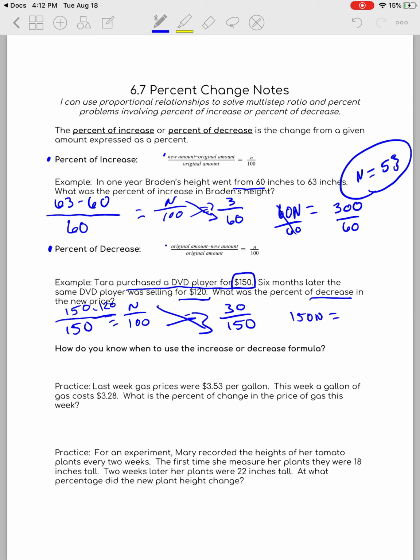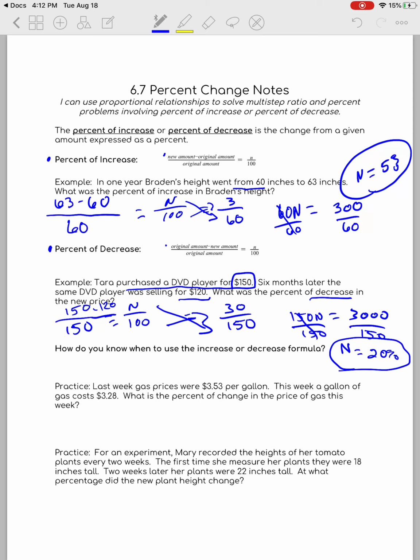You have 150n is equal to 3,000. Now, all you do is divide by 150. n will equal 20. So there's a 20% decrease in price.